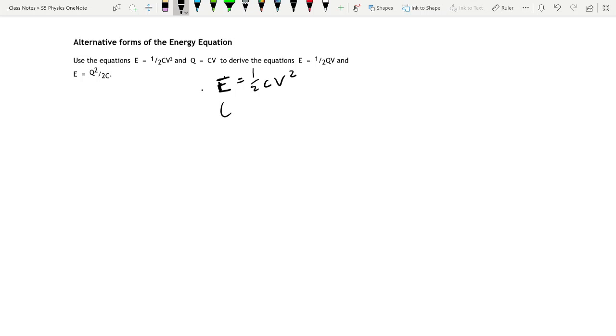If we expand that a little bit, we know that means half CV times V, because V squared is just V times V. We also know Q equals CV. So we can replace a CV with Q. So we end up with E equals half QV. So that one's a nice, easy one.